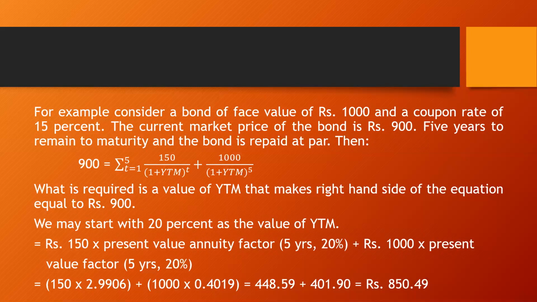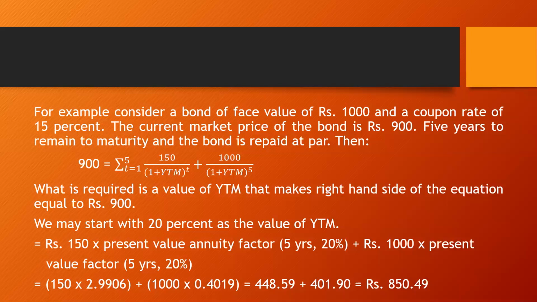So first part, rupees 150 into the present value annuity factor needs to be calculated for 5 years at 20%.